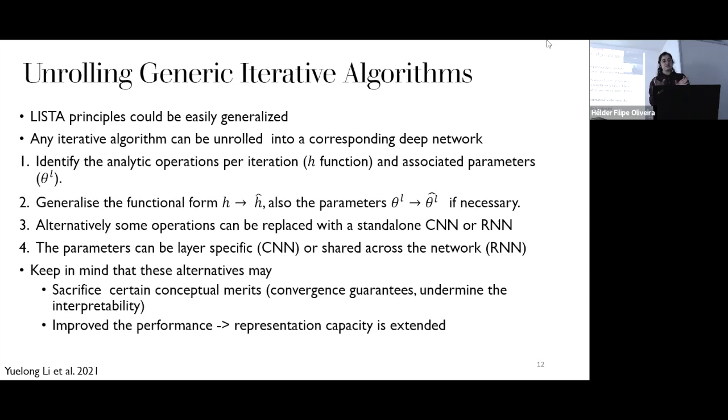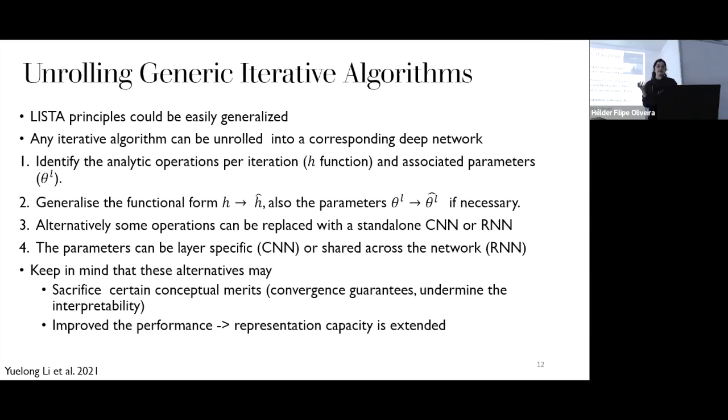Sometimes the proximal operators that we use to solve the minimization problem can be replaced by a standalone convolutional neural network or a recurrent neural network.